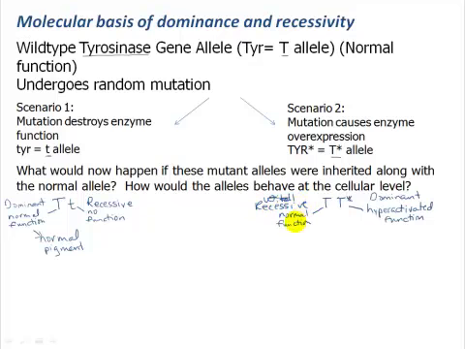Okay, right? So in general, when we have a gene mutation that changes the function of the gene, we get a new allele produced by random mutation, and that allele results in a loss of function. When that's combined with a normally functioning allele, that's going to be recessive to that normally functioning allele.